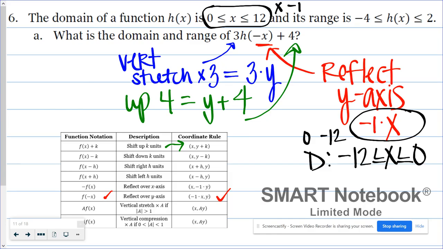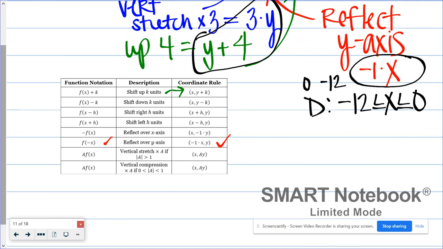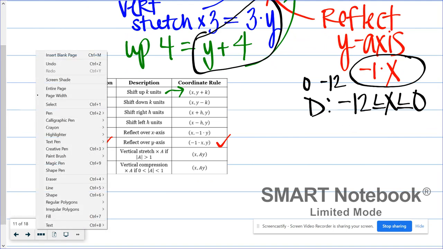Now for my range, those are my y values. I need to do 2 things, okay? I need to go 3 times the y value, and then I need to add 4, okay? So I'm going to take negative 4, right? And I'm going to multiply it by 3, and then I'm going to add 4. So let me find some more space here.